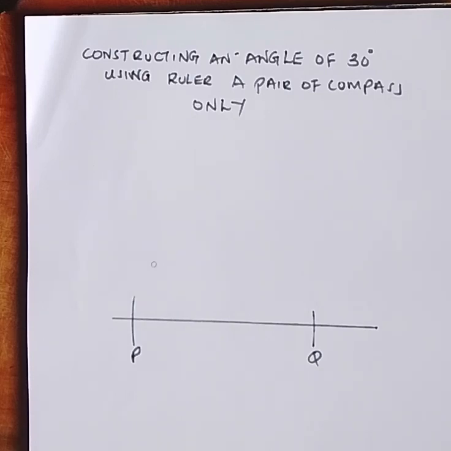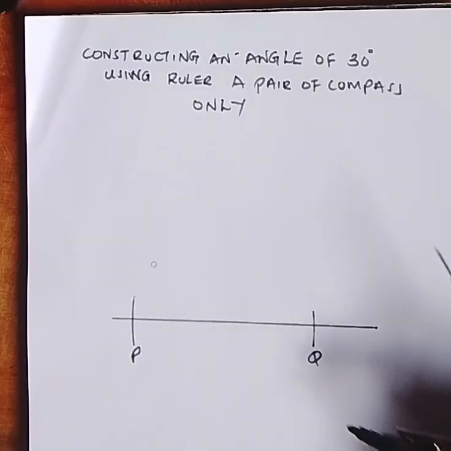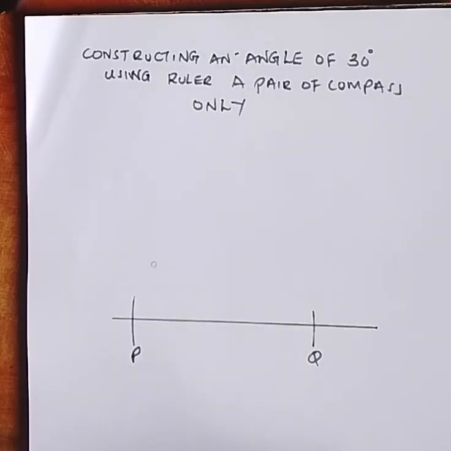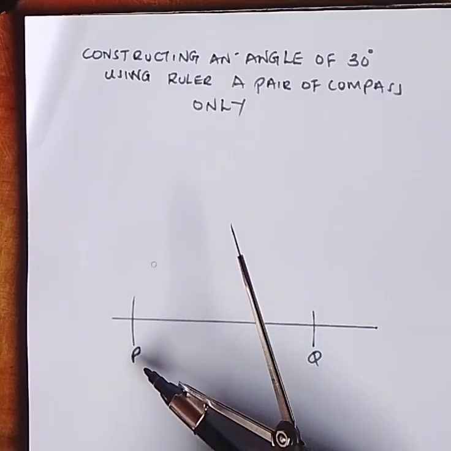Make sure you mark yours if you are moving together. You can choose any point to construct the angle of 60. You can construct at point P, you can construct at point Q. But I will choose point P.